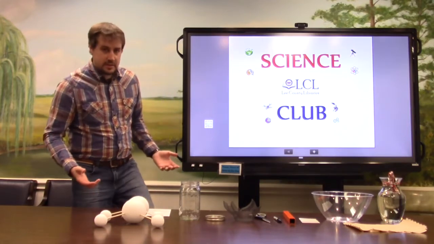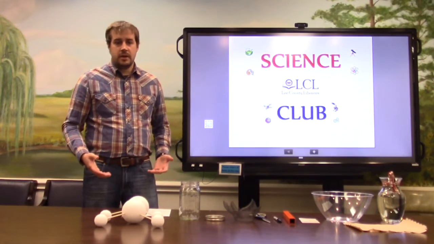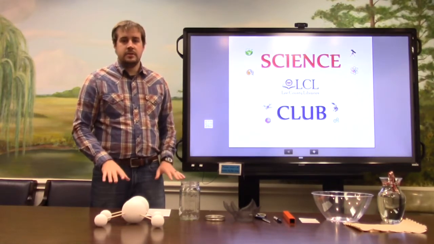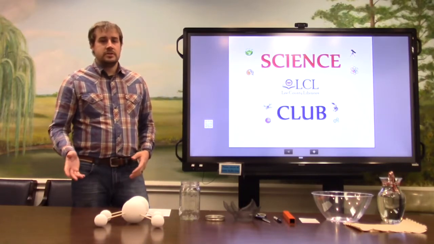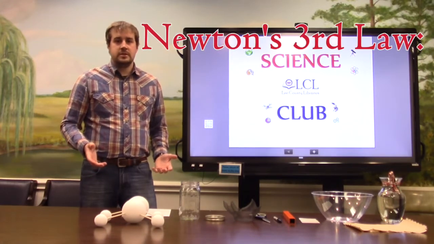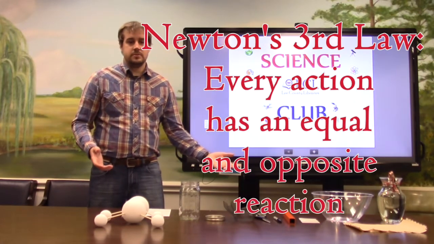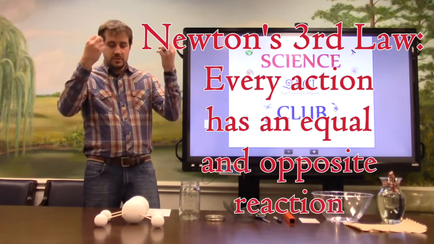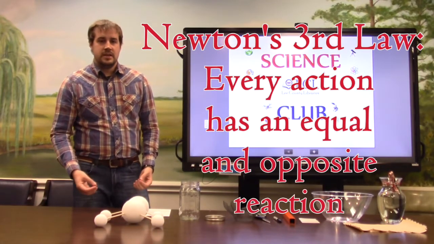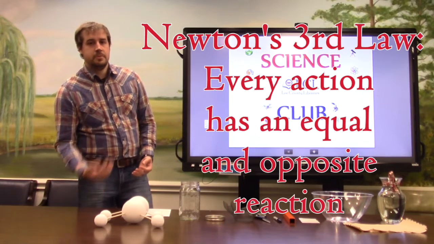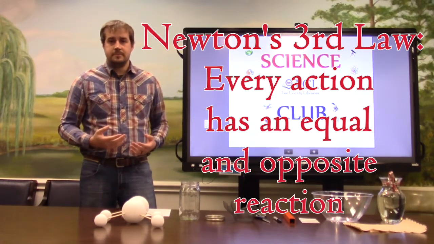But, obviously, there's a floor here, right? So those air molecules can't keep going down. They're hitting against the floor. And according to Newton's third law of physics, every action has an equal and opposite reaction. So if those air molecules are being pulled down against the floor, then at the same time, they have to be pushing back up against whatever else is around them.